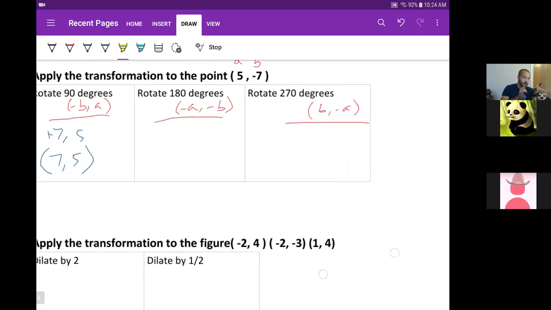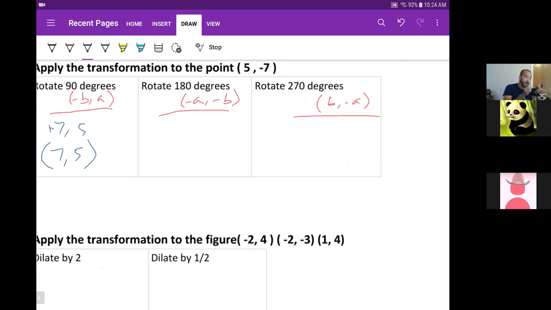So let's do these other ones mathematically. For 180 degrees, you keep them in the same order, but you change both signs. So that becomes -5, 7. You don't actually have to write the plus there. And then this last one, you flip them. So -7 goes first and 5 goes second, but you change the sign of the second one. So these will be your answers here.